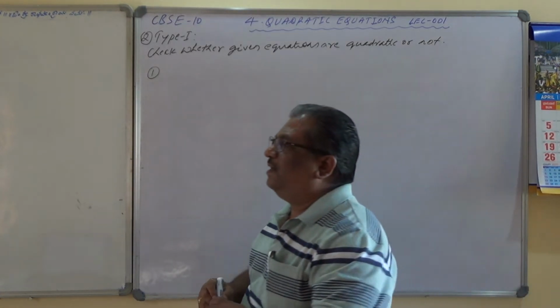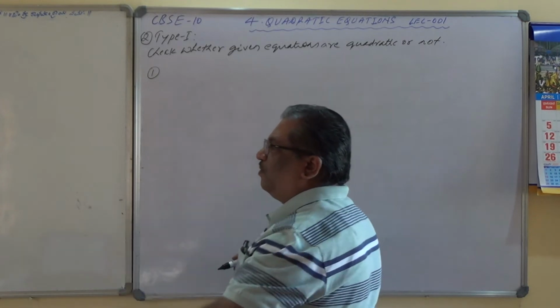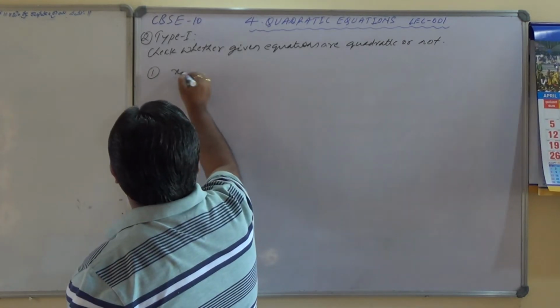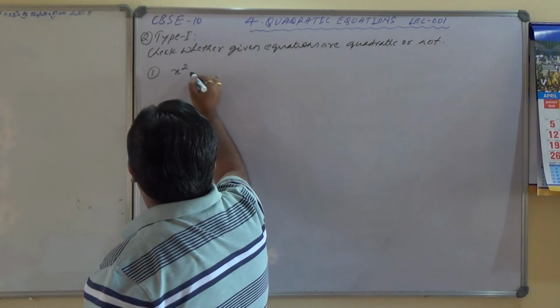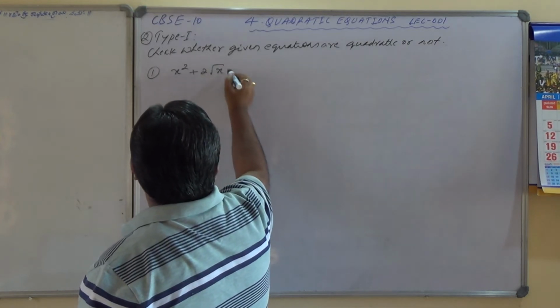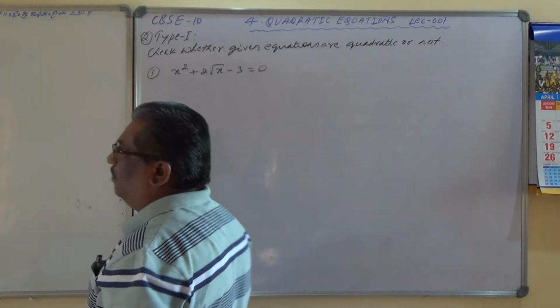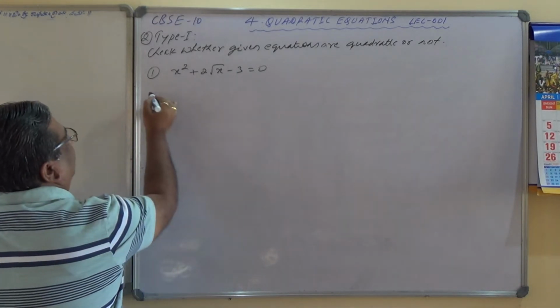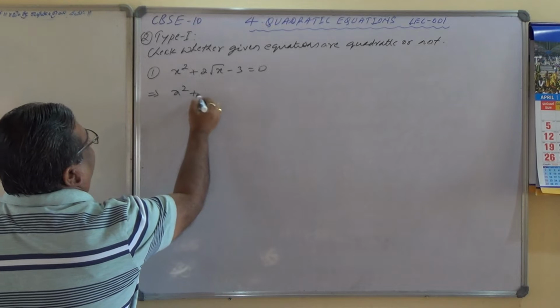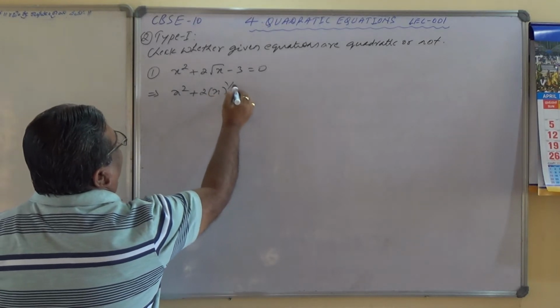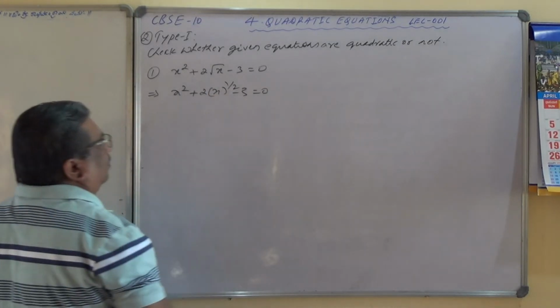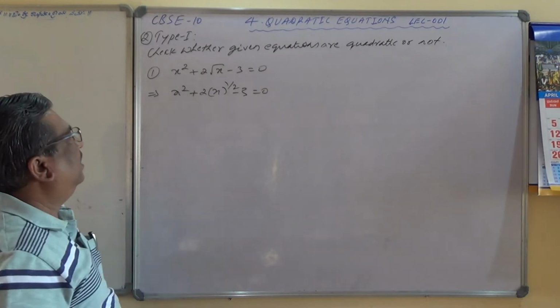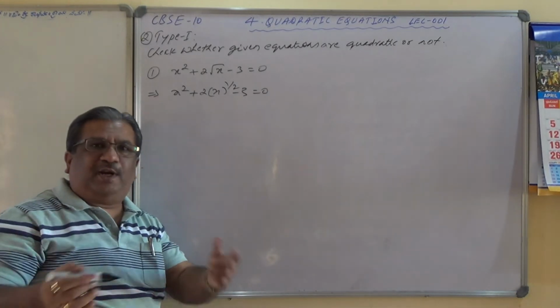So R.D. Sharma, in that: x square plus 2 root x minus 3 equals 0. This is the equation given to you. See here, this implies x square plus 2 times x to the power half minus 3 equals 0. First of all, this left hand side is not a polynomial at all.